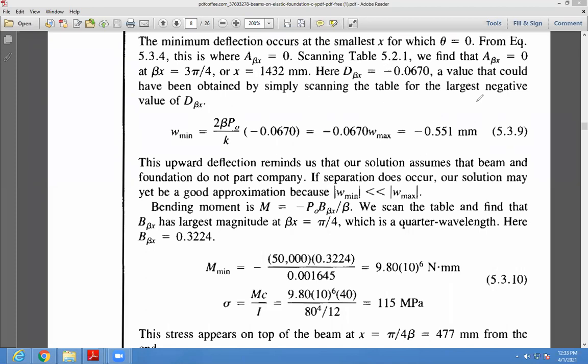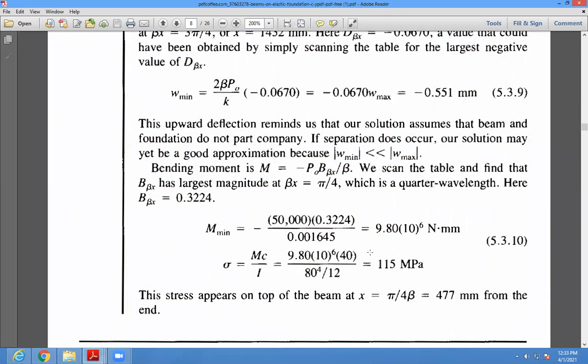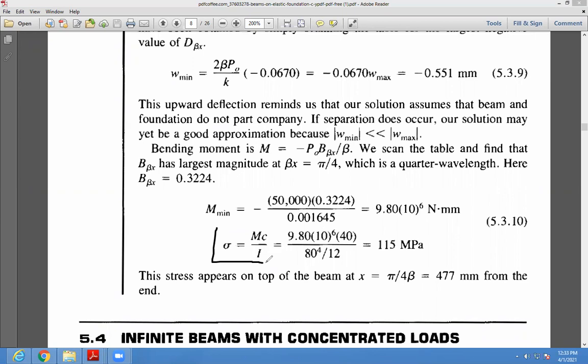Now the last part asked in the numerical is the stress. For bending stress, M by I is equal to stress by Y, where Y is considered as C. So write down stress is equal to M into Y bar, which you may call Y bar or C, the centroidal distance, divided by I. So stress is equal to 9.8 into 10 raised to 6 into Y bar, which is 80 by 2, since the dimension of the square is 80, divided by the moment of inertia d fourth by 12.